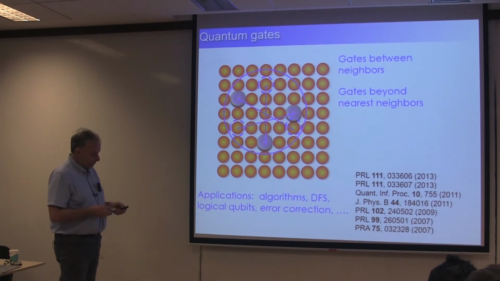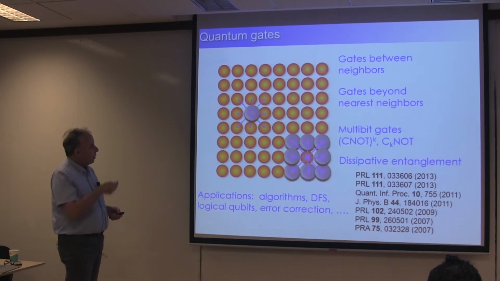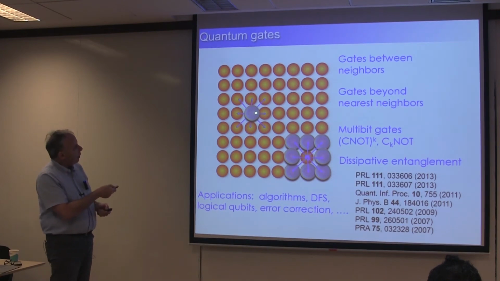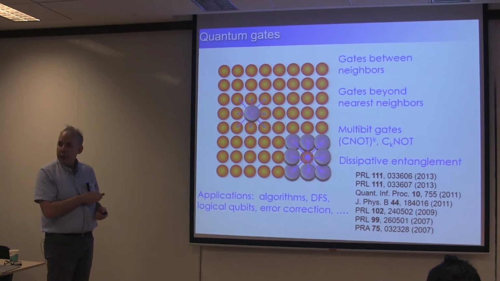We can also design protocols for multi-particle gates with these interactions. So we have protocols for C naught to the K, where excitation of a single Rydberg atom prevents excitation of any of its nearby neighbors. And so that's a C naught to the K. There's an even more interesting operation, which is the CK naught, where K control atoms control the dynamics of the quantum state of one target atom.